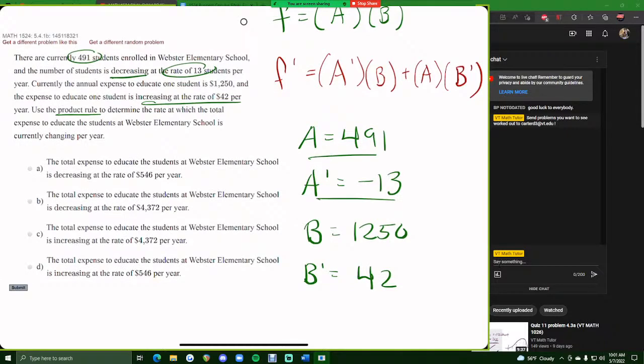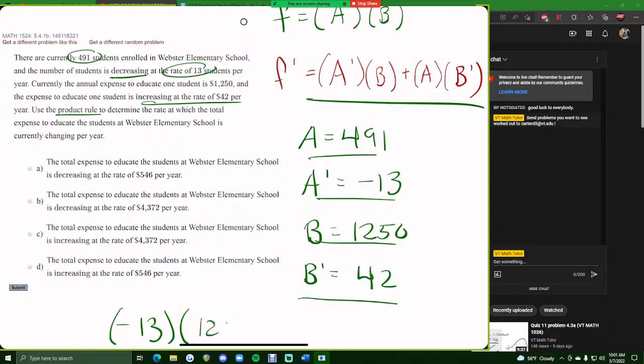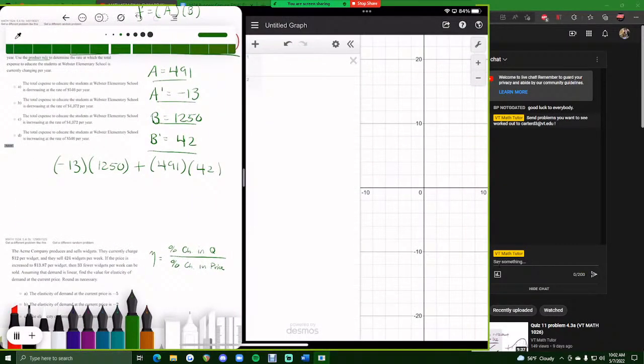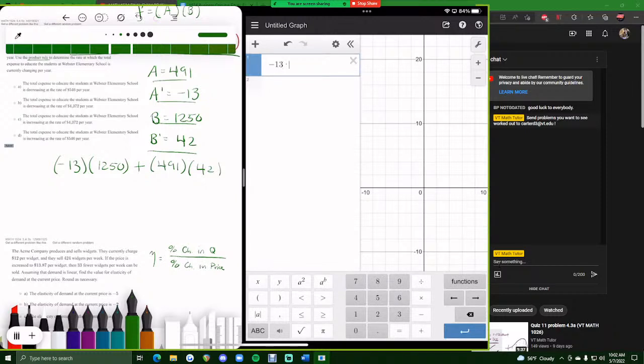So we take all these values and just plug them in to the product rule. So just working that out real quick. I'll just write it out real quick. Negative 13 times B plus A times B prime. Working this out in Desmos should give us negative 13 times 1250 plus 491 times 42.